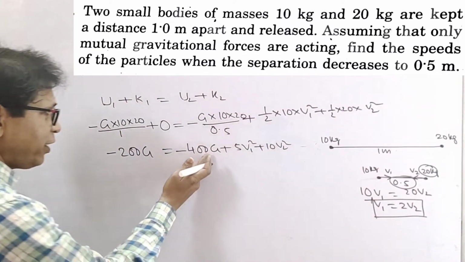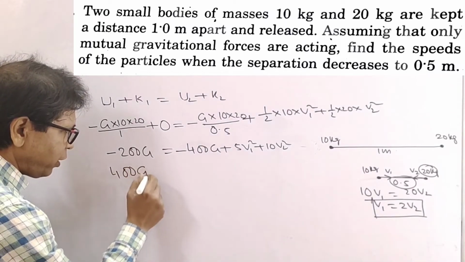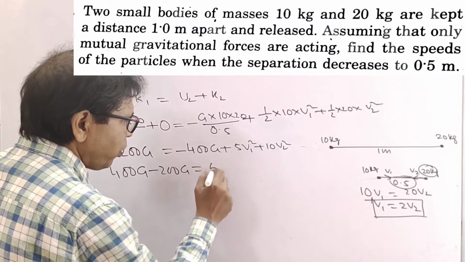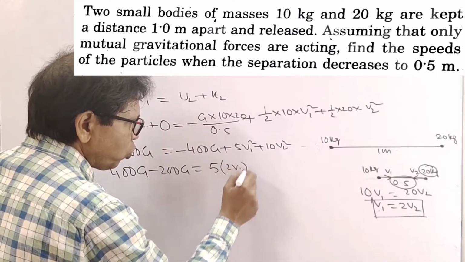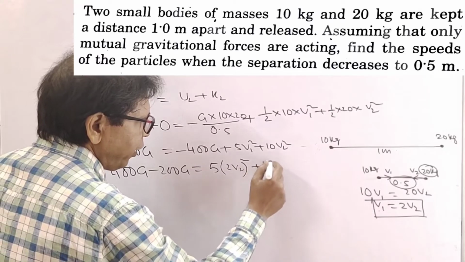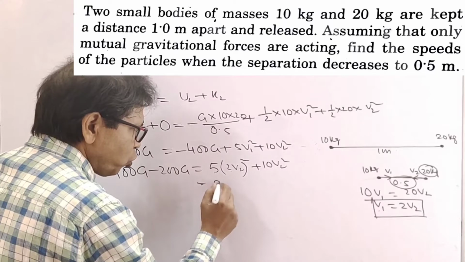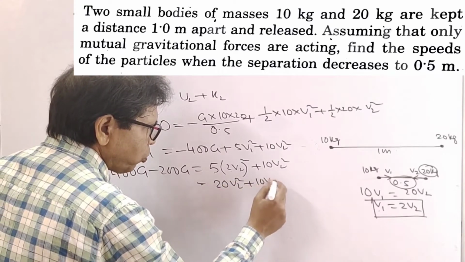Okay, now on this side, this is 400 capital G minus 200 capital G. This equals 5, look at this, V1 equals 2V2, so this is 2V2 square plus 10 V2 square. This is 4 into 5, so 20 V2 square plus 10 V2 square.